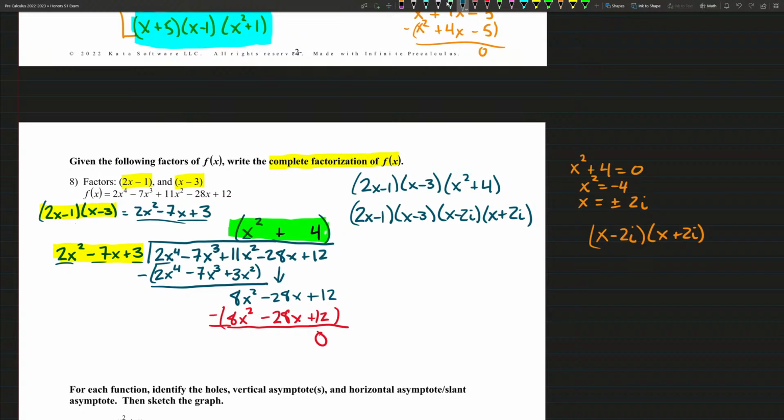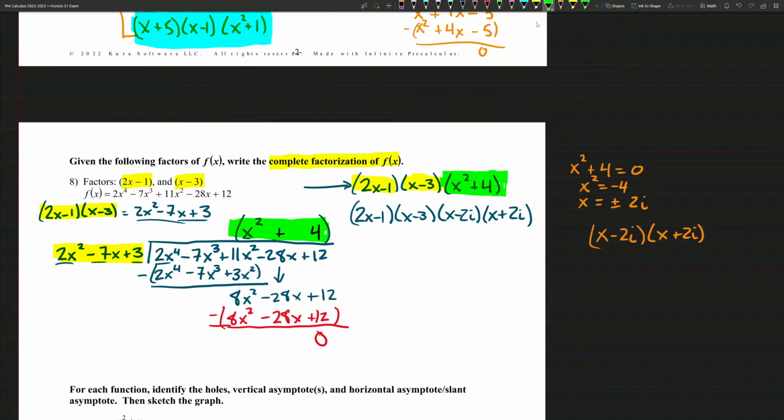Do we need to? No. By the definition of the book, this is actually a complete factorization because any polynomial can be written as a product of linear terms, which are these guys, and quadratic terms without real zeros, which is this guy. So really that's by the book standards, and by my standards, that's fine.